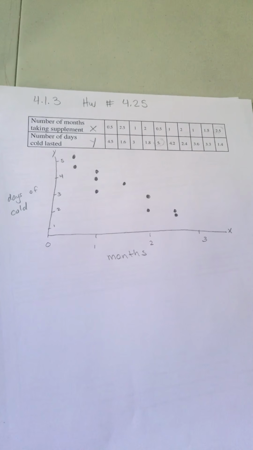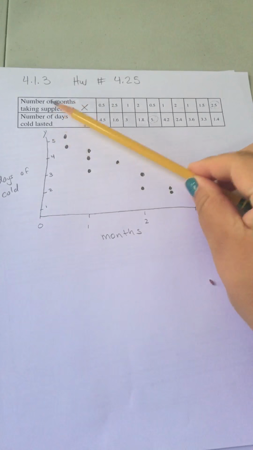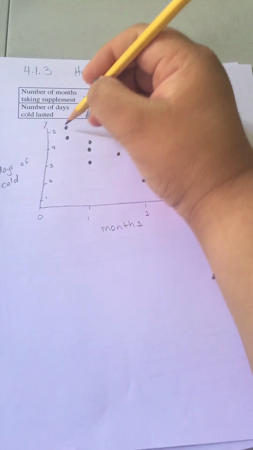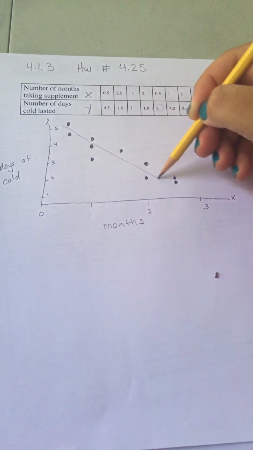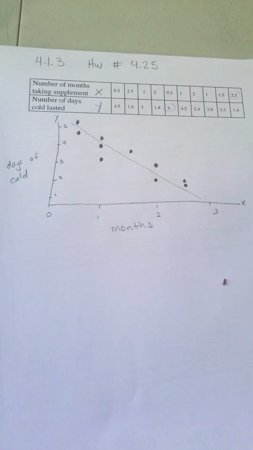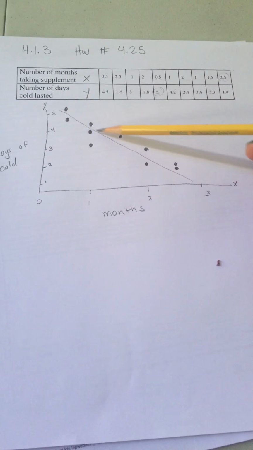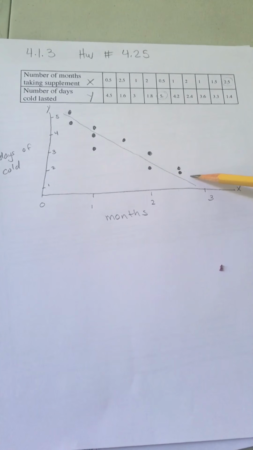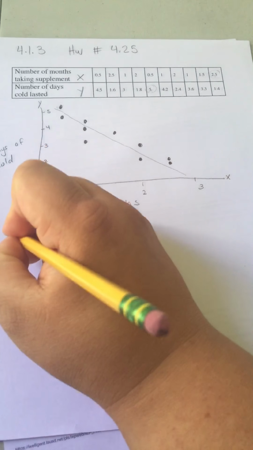So now that we've graphed all of the points, you see that it looks like they're following one direction. If I put my pencil there, it looks like it's following a line. If I draw a line of best fit, it would probably be around here. It fits the most. It looks like we're starting here and my dots seem to be going down, so I would say this was a negative slope.